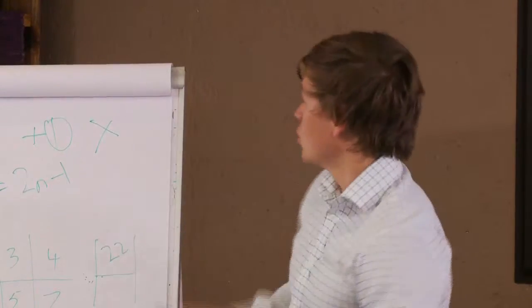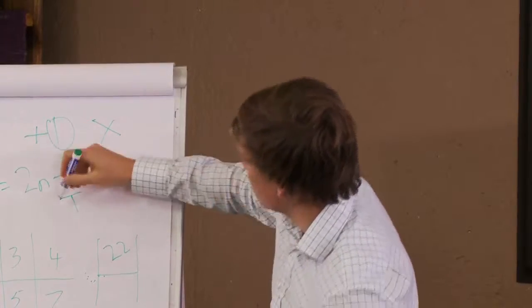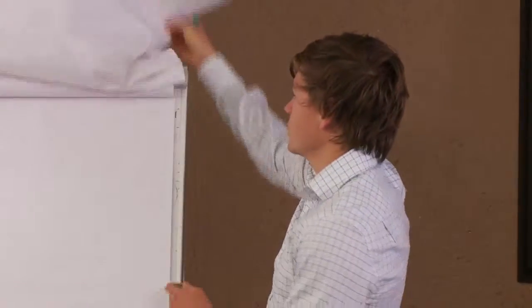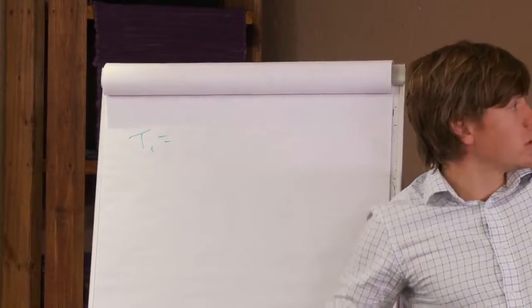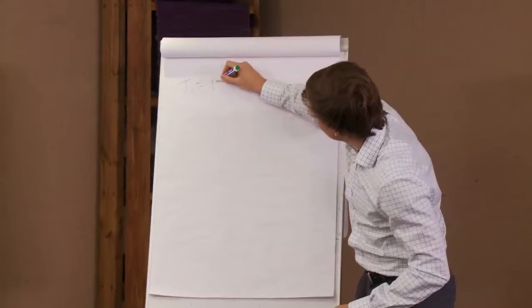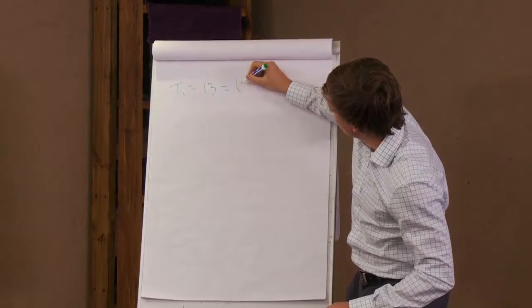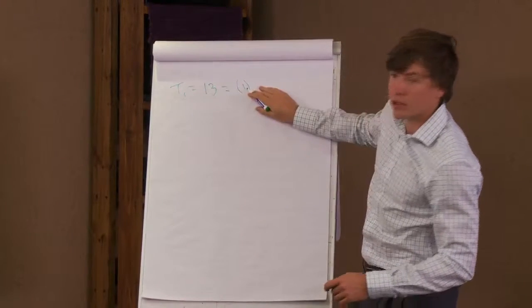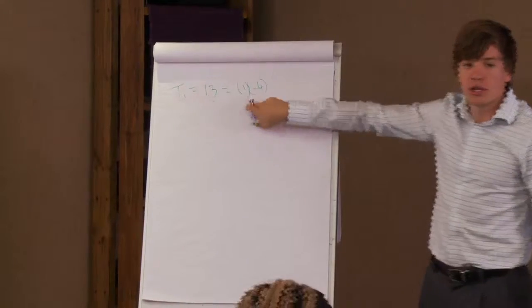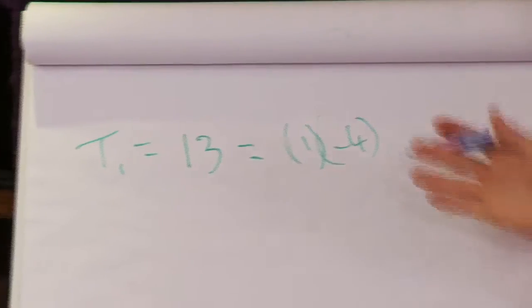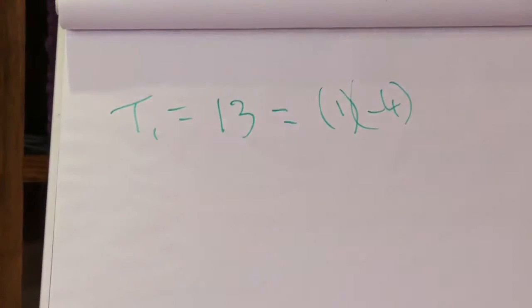Cool. So in this case, let's just get a new page. T1 is equal to 13, is equal to 1, because T1 is going into the n space, times minus 4. But is that true? Is 13 equal to minus 4? What do I have to add to minus 4 to get 13?